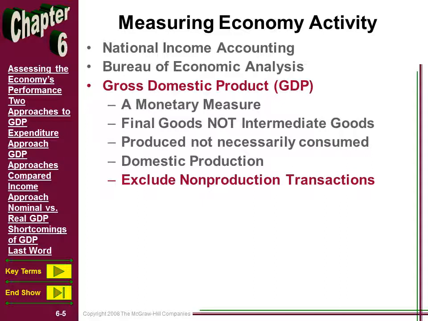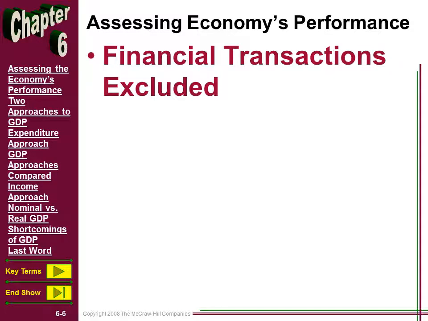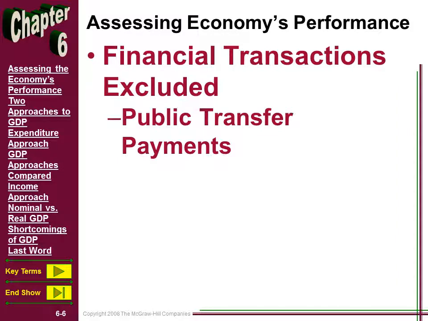We exclude non-production transactions. In the next slide, we're going to go into much more detail in what we mean by non-production transactions. So, purely financial transactions are not counted, are not part of GDP. We call the first round of these public transfer payments.